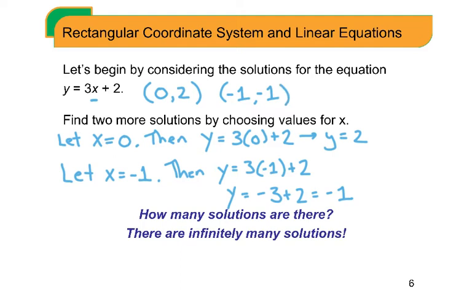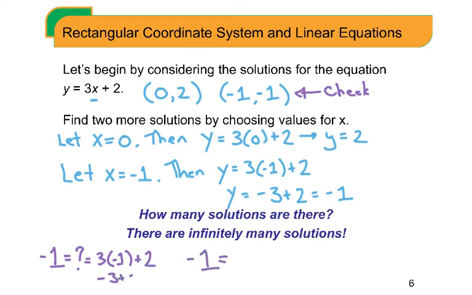And you can always check. Let's check this one. Put in negative 1 for y and ask yourself, does this really equal this when we put negative 1 in for x? Well, the left-hand side is negative 1. The right-hand side is negative 3 plus 2. That's negative 1. Yes.